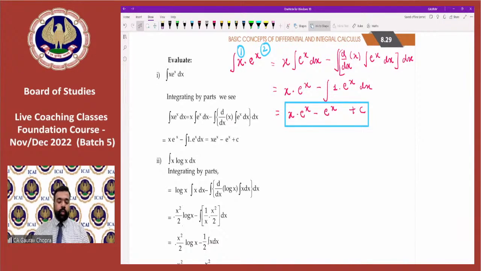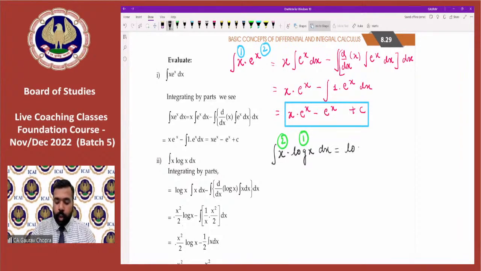Let us try one more question from this. Integration x log x. As per LIATE, who is coming first? Log is coming first. So log is the first function and algebra is the second function.